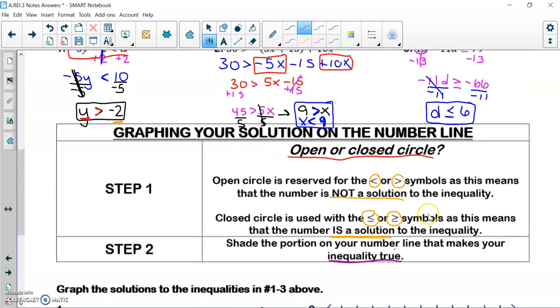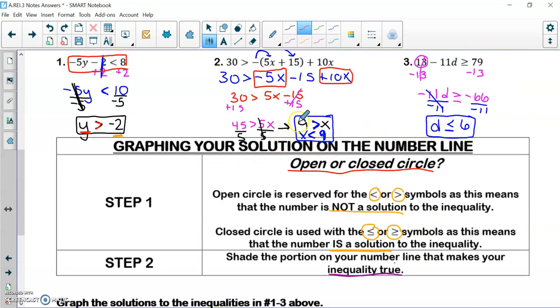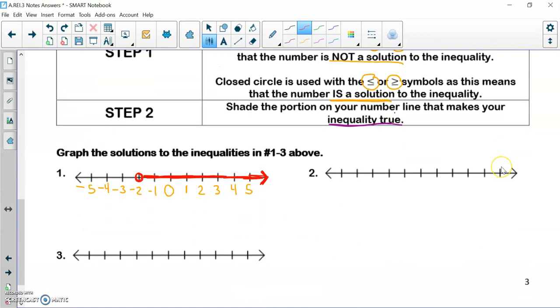All right, number 2, the number that's involved in my inequality is 9. So we need to make sure our number line goes up to 9. We don't have to start at 0. Let's start at 7, 8, 9, 10, 11, 12, and then we decrease going to the left.